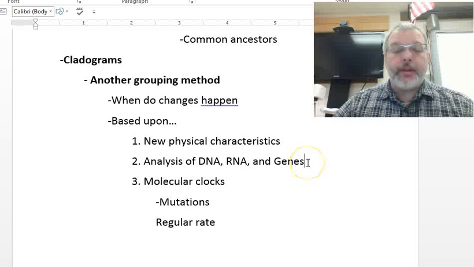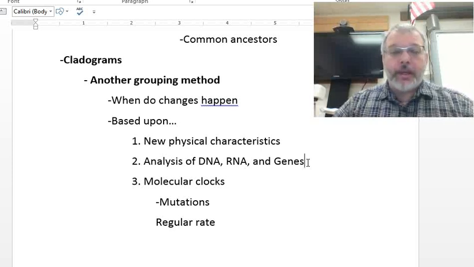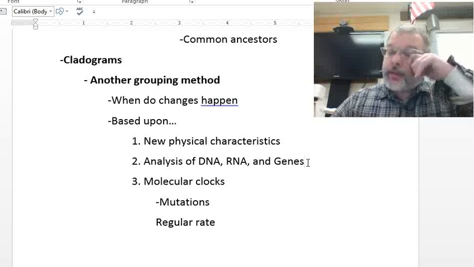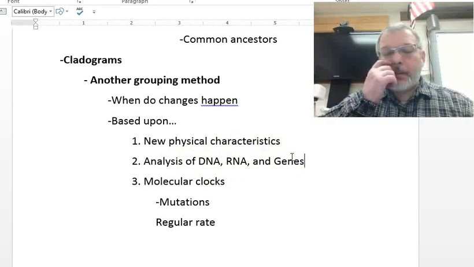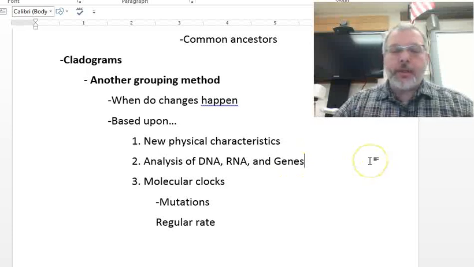And then with the advent of the computer and the ability to do fast calculations, they could then map the genome or the DNA of all the different organisms on the earth. And because of that, it's led to looking at the similarities in DNA, RNA, and genes, and saying, well, if they have the same genes, maybe they're related.